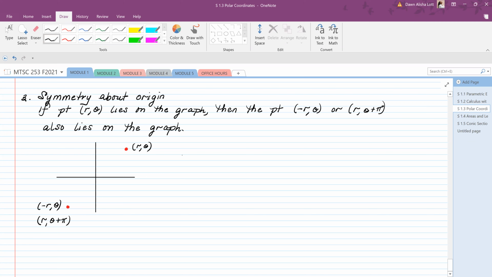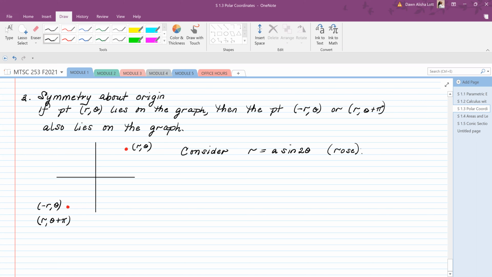So let's consider one of those flowers. One of the flowers was r equals a sine of 2 theta. If you remember, that was a rose.